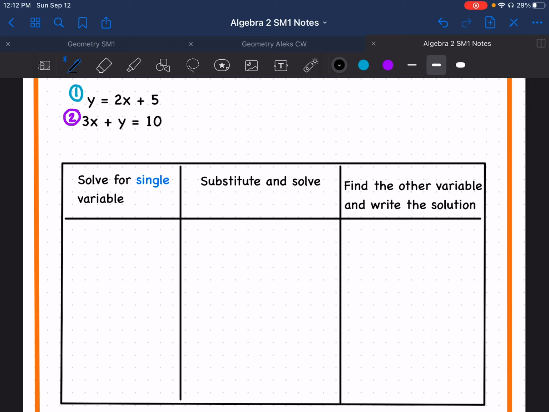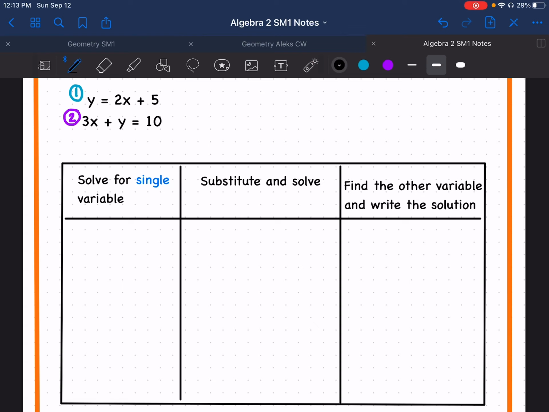So here we go. The first thing we're going to do is solve for the single variable. Let's talk about what a single variable looks like. A single variable would be something like x or y, with nothing else by itself.